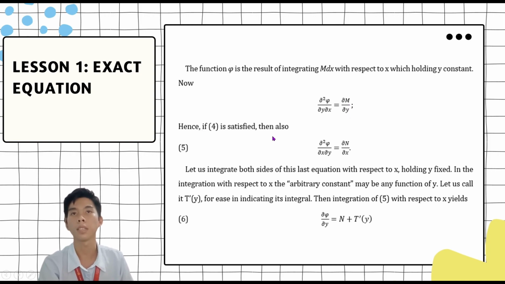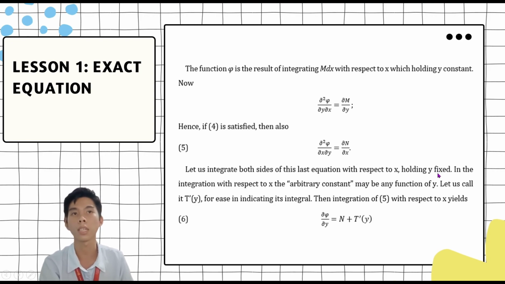Hence, if equation 4 is satisfied, then the partial derivative of N with respect to x must also be equal to the second partial derivative of phi with respect to x and y. Let us now integrate both sides of this last equation with respect to x, holding y fixed.